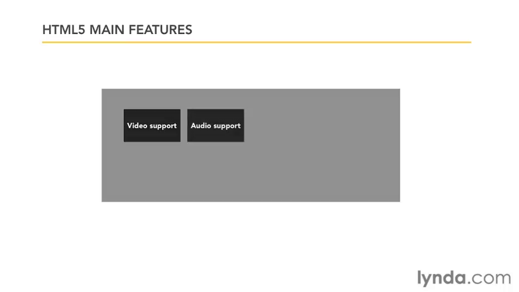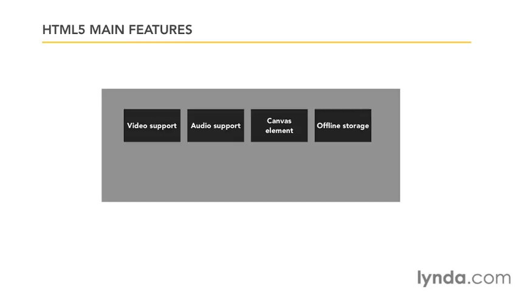HTML5 brings new tags, new elements, new abilities, and the main areas are better support for video and audio, built into HTML itself so we don't have to use Flash plugins, for example. There's a new element called Canvas that will allow us to draw on the screen directly. There's offline storage support.